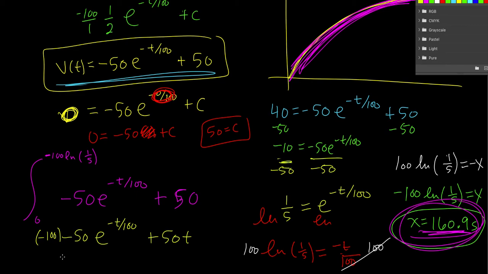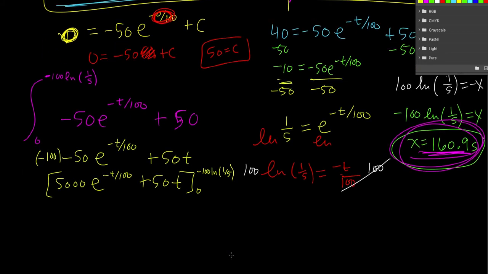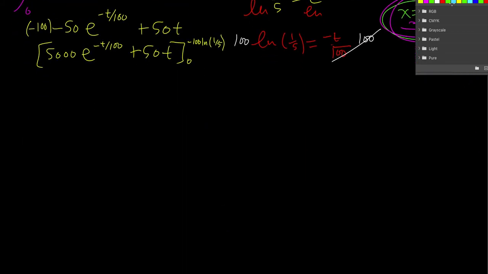And so we multiply those together, we get 5,000 positive e to the negative t over 100 plus 50t. We're going to evaluate that from 0 to negative 100 natural log of 1/5. All right, almost there.